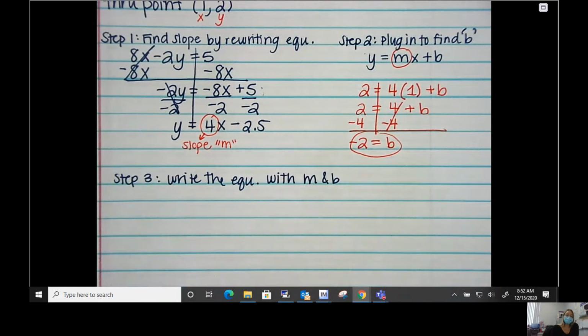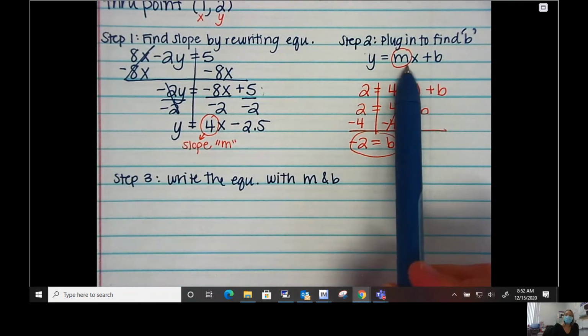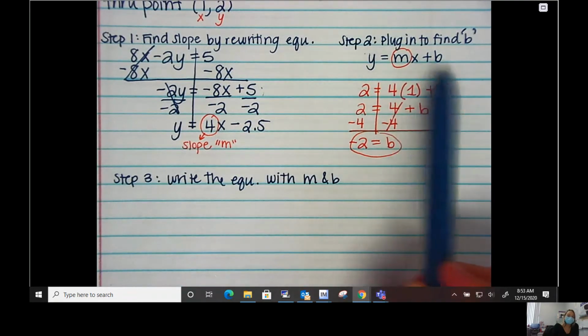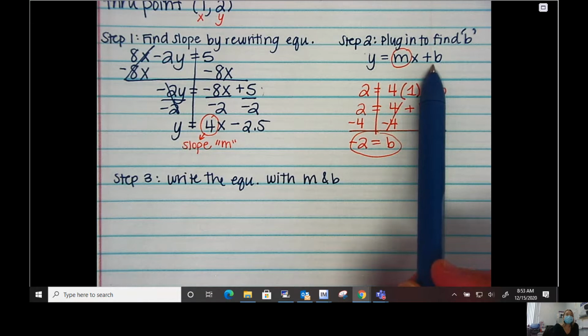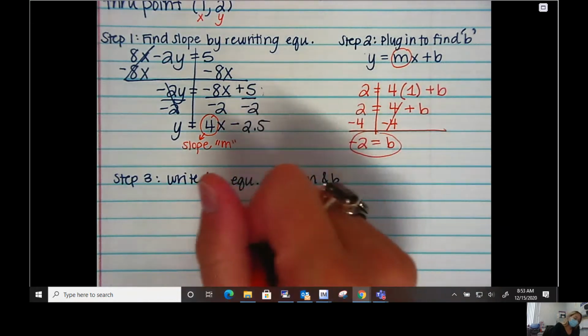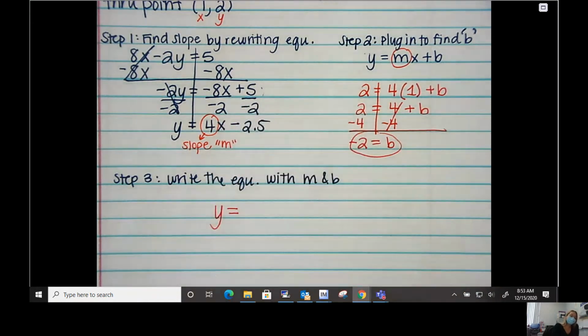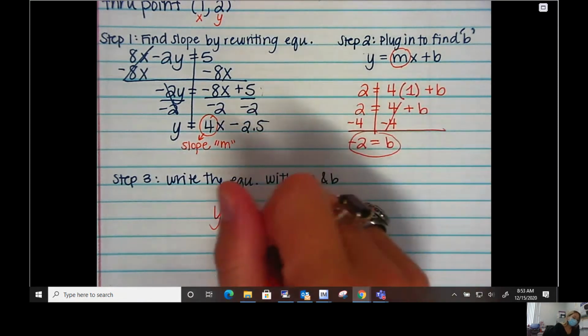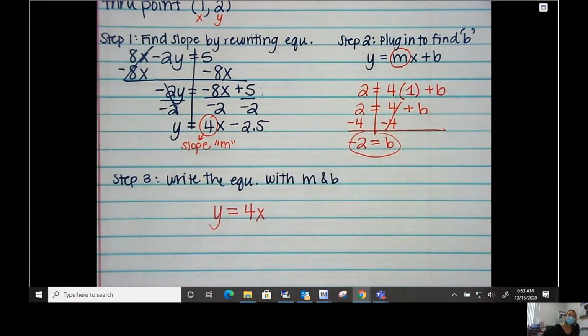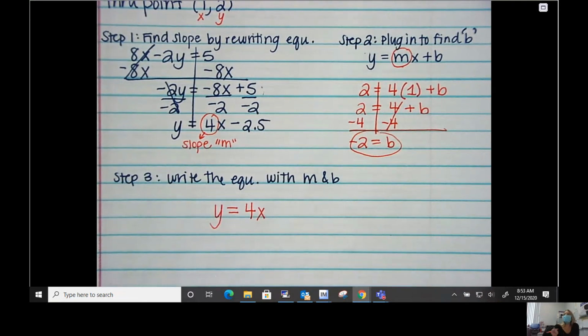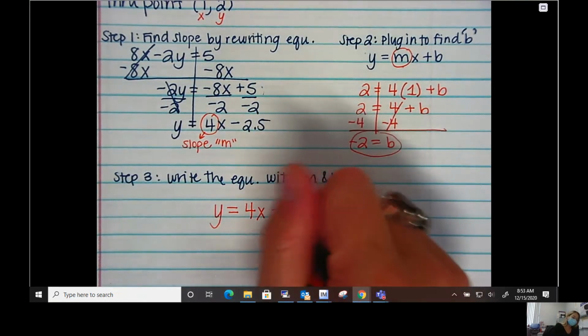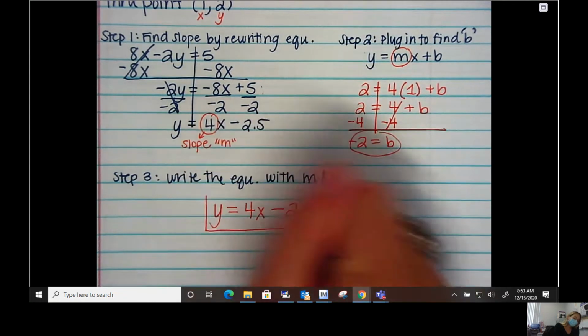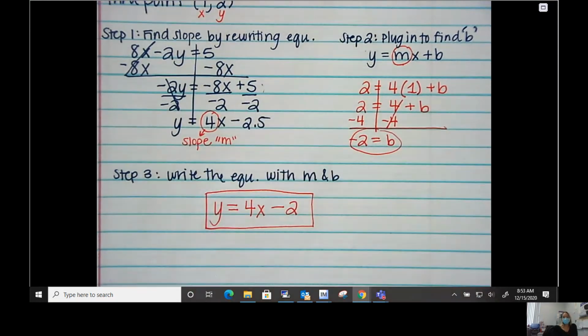So final step is I plug it back into this equation right here, but I plug in my m value and I plug in my b value. So my final equation is y equals, what do I plug in for m? 4 again, 4x, plus what's my b value? So you can either put plus -2 or you can just put -2. And there's your equation.